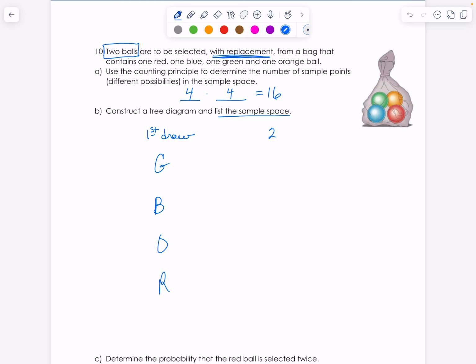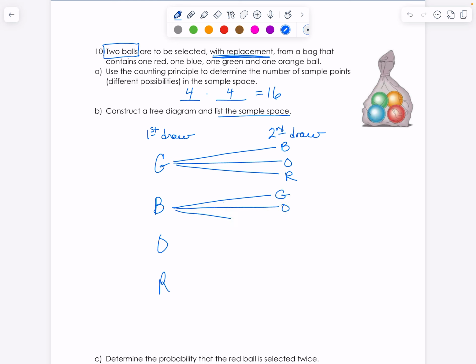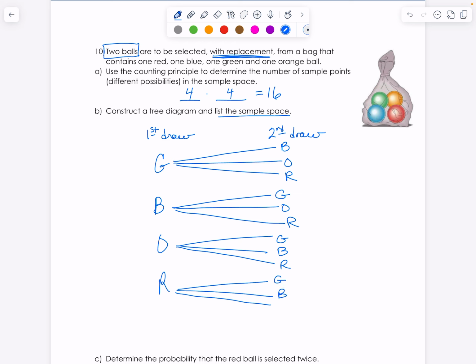For the second draw, if we chose a green, we only have blue and orange and red to choose from. If we chose a blue, then we have a green or an orange or a red, because we already had chosen the blue one. If we did orange, we only have a green, a blue, and a red. Then the last one, if the first draw was a red ball, we'd have green, blue, and orange.